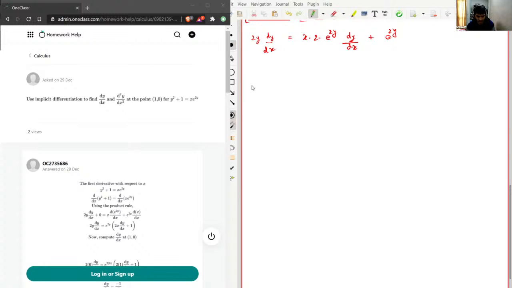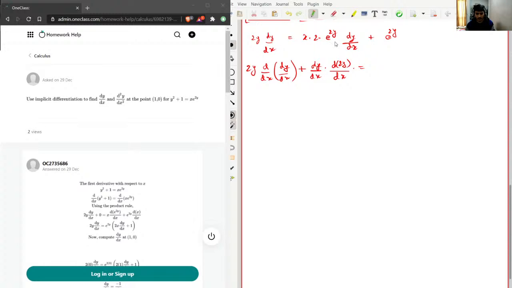First we'll keep 2y constant and differentiate dy by dx, plus now dy by dx is kept constant and we differentiate 2y with respect to x. And this will be now x e power 2y.